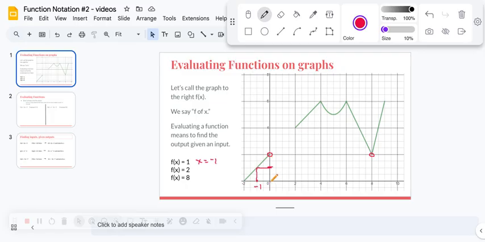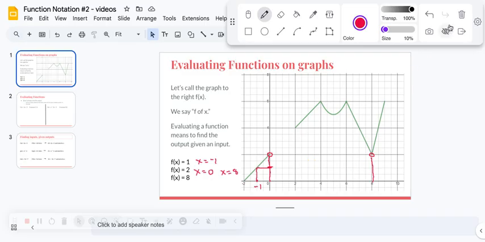Well, it looks like when x is 0, there is an output of 2. There also looks like when x is 8, there is an output of 2. So in this case, we have two different locations, two different inputs, an input of 0 and an input of 8 that will give us outputs of 2 on this graph.